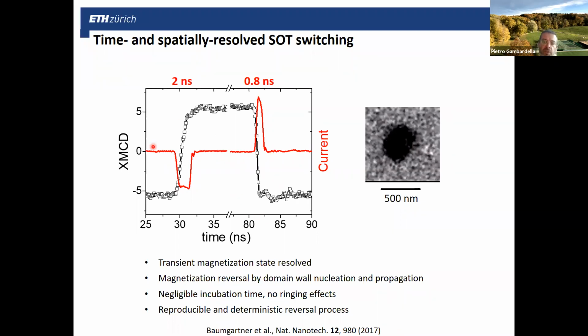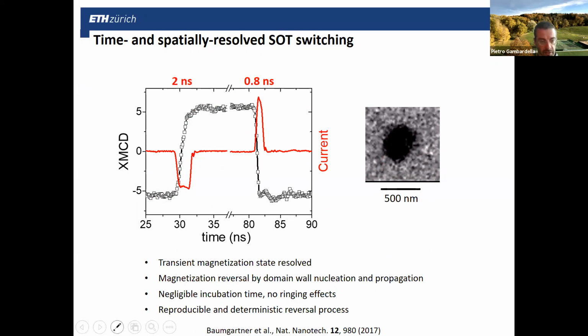And we perform this in a pump probe manner. So we stroboscopically probe the transmitted X-ray intensity as we pulse the current. We observe that the magnetic contrast, the XMCD contrast, changes as soon as the current pulse is on. Okay, changes in one direction, and then when the opposite current pulse arrives, it switches back.